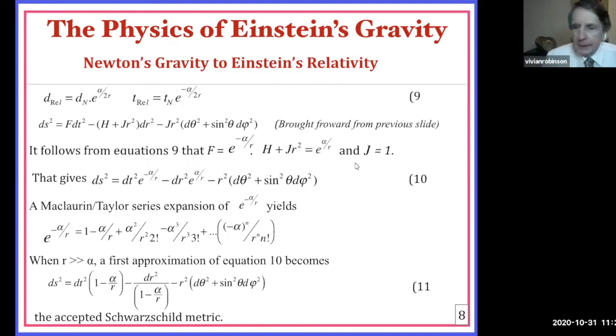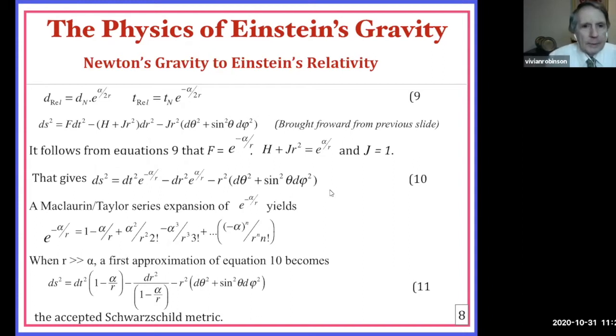Now, as I said, I'm just following Schwarzschild, the process he used, but I think you'll find it's quite valid. When you substitute those into this equation, you get ds squared equals dt squared e to the minus alpha over r minus dr squared e to the alpha over r minus r squared times d theta squared plus sine squared theta d phi squared.